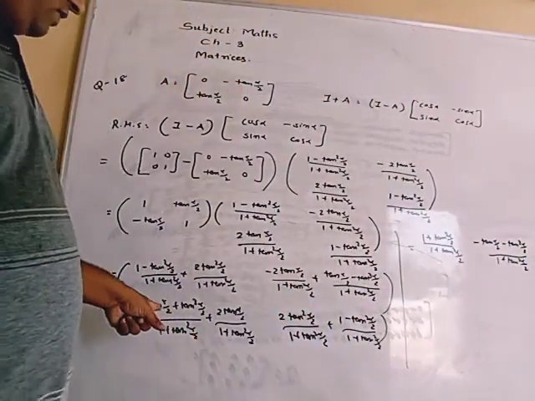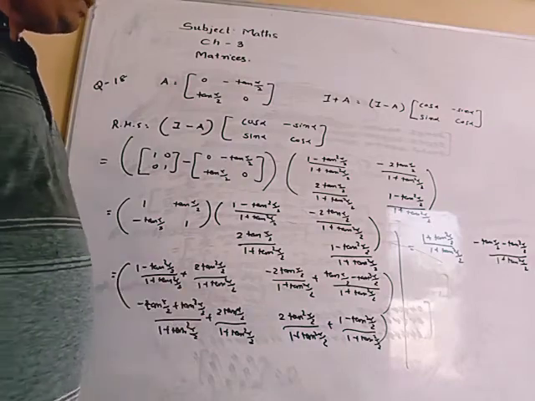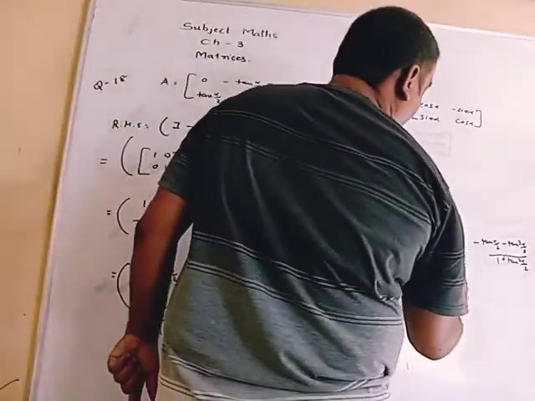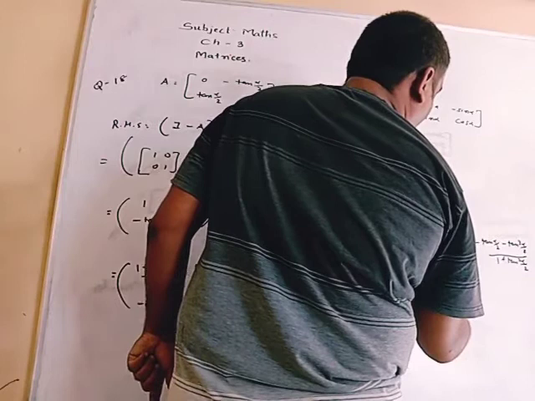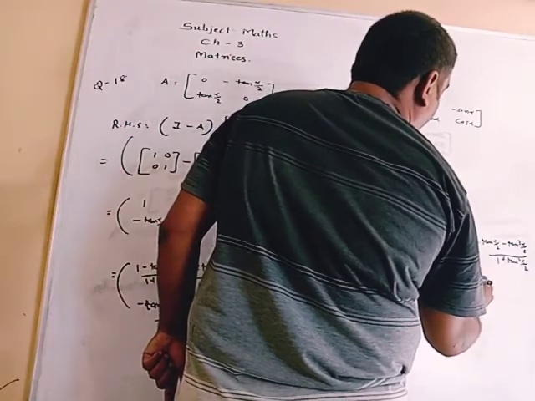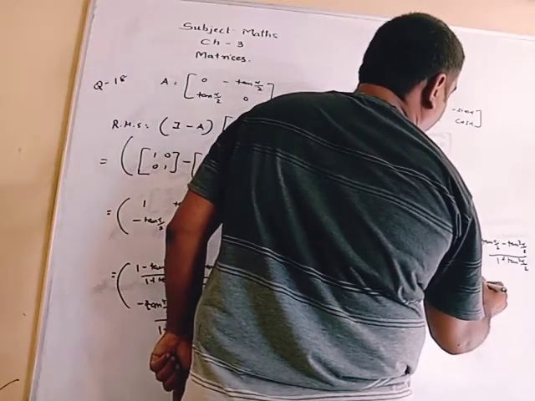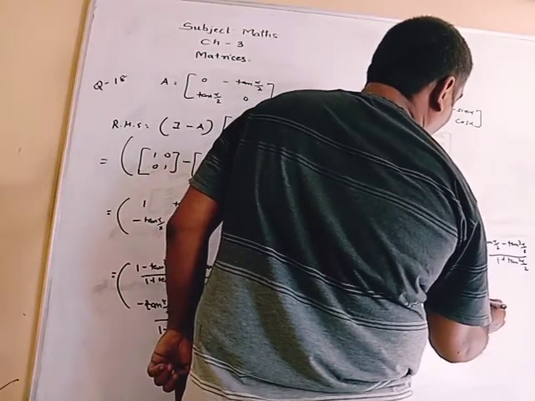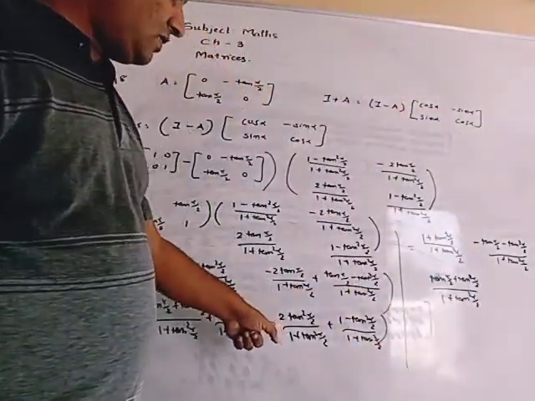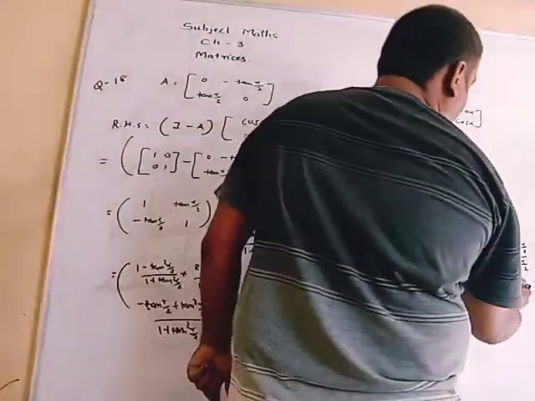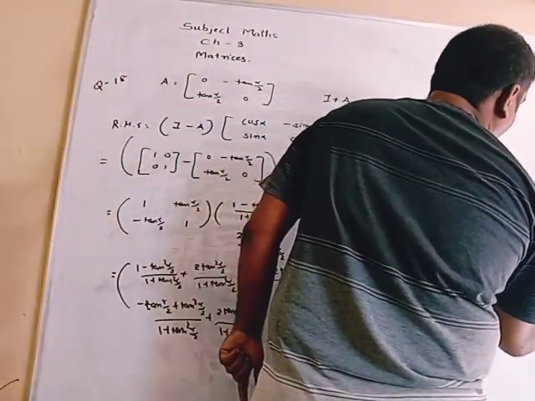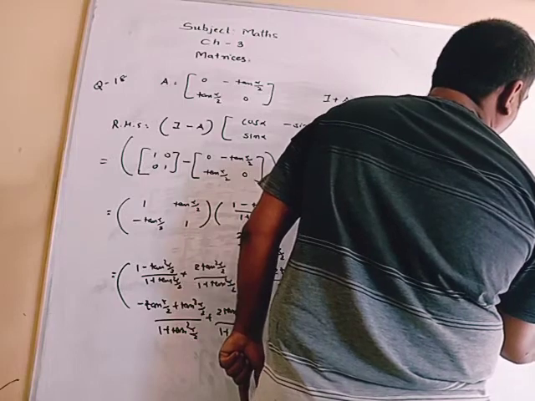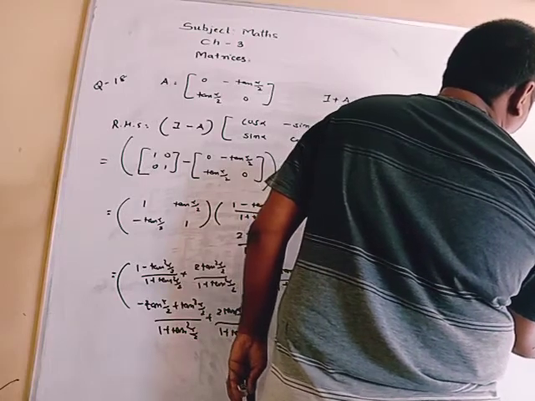Then here minus tan plus 2 tan alpha by 2 gives tan alpha by 2 plus tan cube alpha by 2 upon 1 plus tan square alpha by 2, and here 2 tan square plus 1 minus tan square gives 1 plus tan square alpha by 2 upon 1 plus tan square alpha by 2.